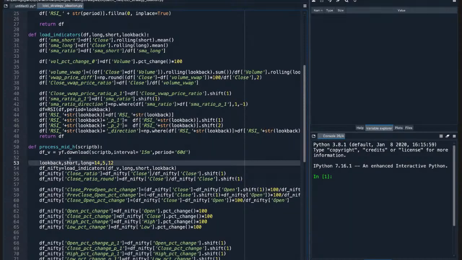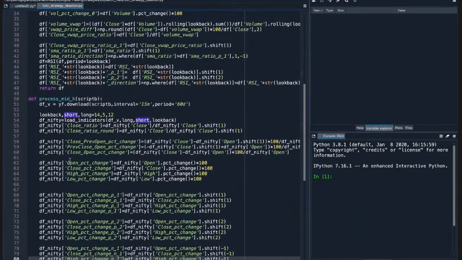Along with that, I'll be using some more very basic functions like open percentage change, close percentage change, high percentage change, low percentage change, and so on. Open percentage change is the change in the open price of the instrument with respect to the previous open price. Similarly for close percentage change, high percentage change, and so on.